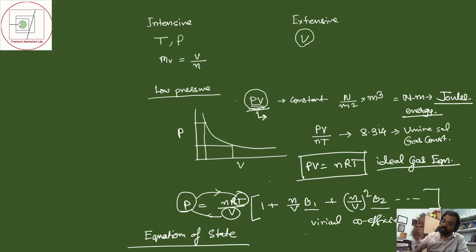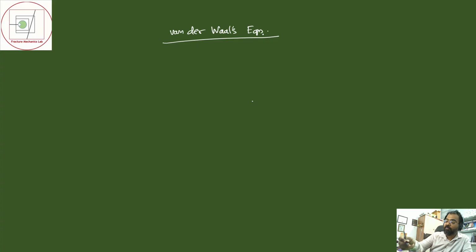And one example of breaking this ideal equation is the van der Waals equation. What he does is just go from 1 to 2. He says that two atoms will interact with each other, and when that happens, the volume decreases by a quantity B, where N is the number of moles. So volume decreases and pressure is also reduced because of the interaction of two atoms with each other.